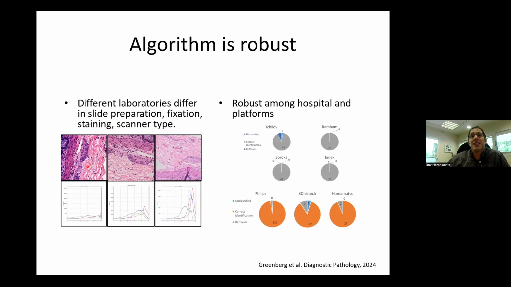So we're talking about the same slide, and we're talking about different scanners, and you can see by the eye and by a color histogram that these pictures look different. But nevertheless, the algorithm was able to identify the ganglion cells with very good accuracy. And I'm not sure that it's clear that the three images that you see, the three squares, each one came from different scanners.